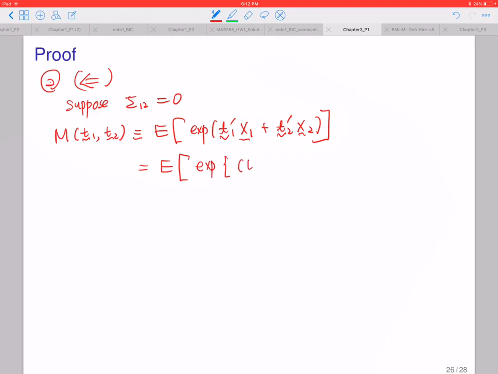Let me write it one more time: T1 prime, T2 prime, times x1, x2.